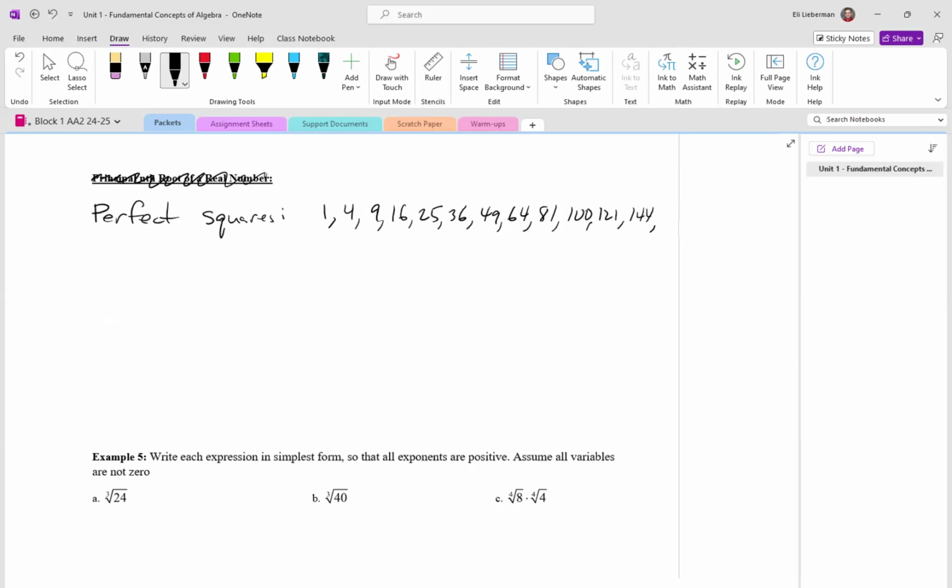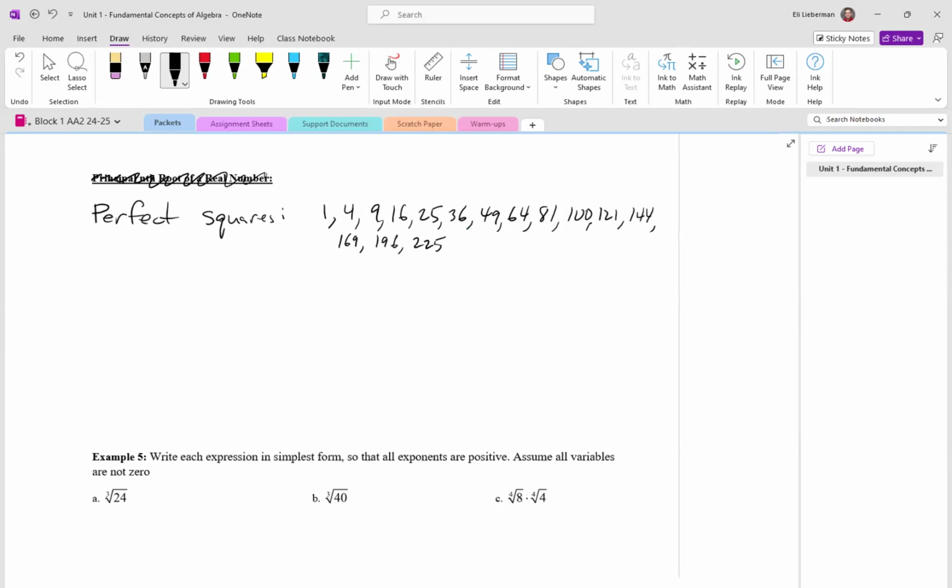You need more than that? 169. Nice. After 169 is 196, then 225, 256. I do expect you to know all of these so that if you see the square root of 81, I want you to simplify that to 9. If you see the square root of 169, I want you to simplify that to 13.